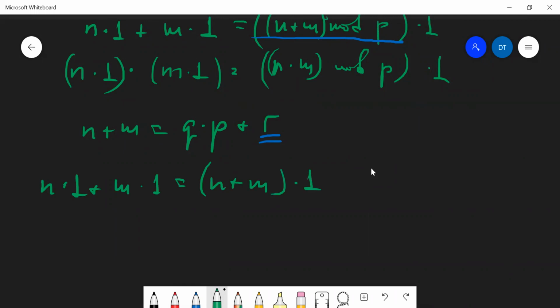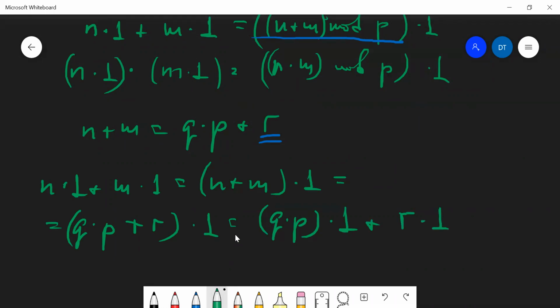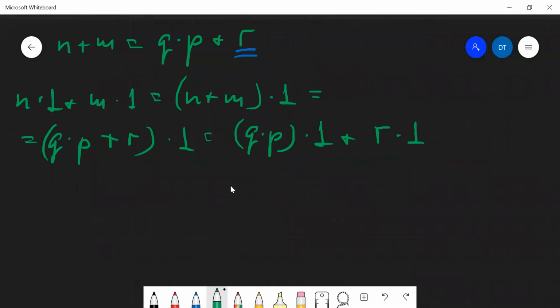Then we replace n plus m by this expression, (q times p plus r) times 1. Then we use the distributivity law again: q times p times 1 plus r times 1. But here, by the definition of the characteristic, p times 1 is 0, so the product q times p times 1 is 0.